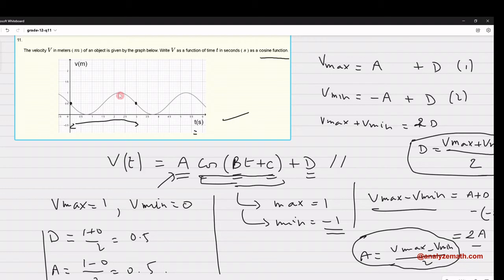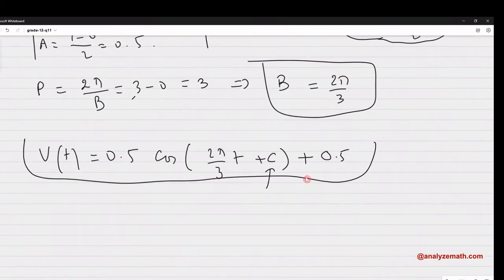The maximum seems to happen here somewhere between t equal to 2 and t equal to 2.5. It's somewhere in the middle. Now, if these points are not good enough, let's take this point and this point. So it's also in the middle between 3 and 1.5.